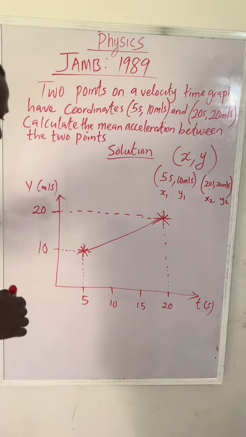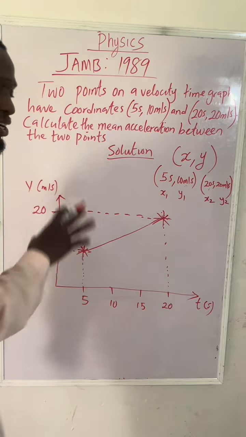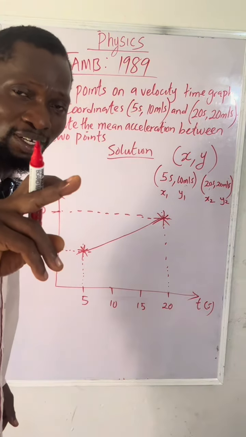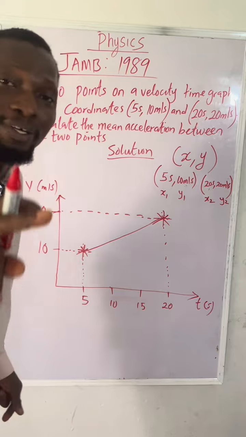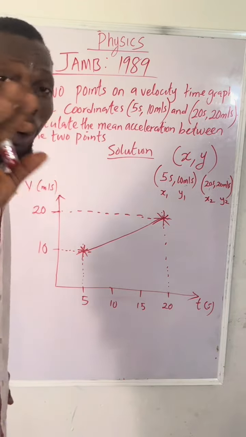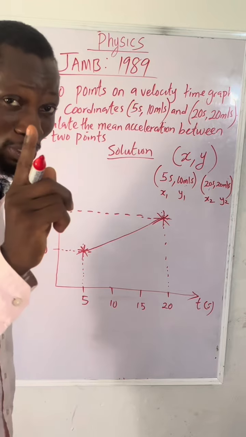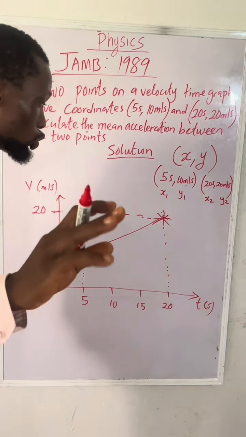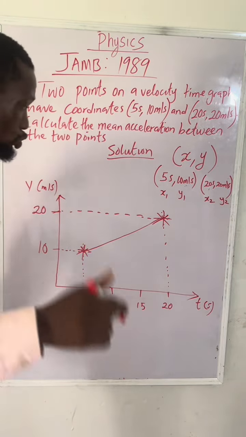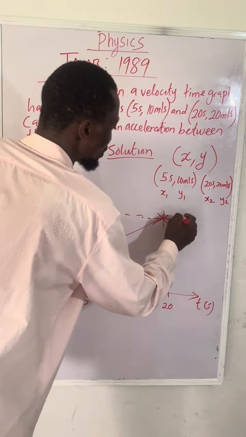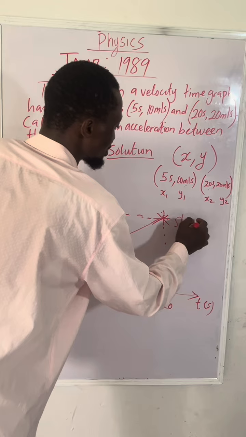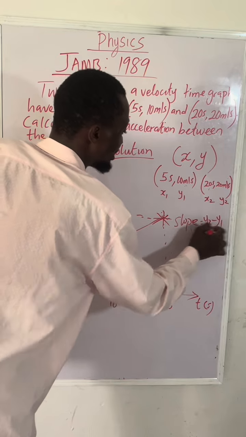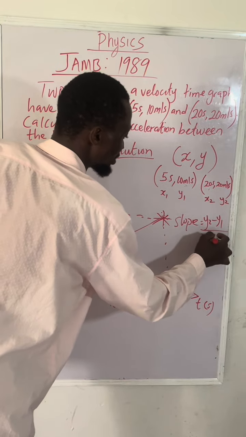So once you join the 2 points, now the question asks you to calculate the mean acceleration. Now, the slope of a velocity time graph will always give us the acceleration. You have to know that too, that the slope of a velocity time graph gives the acceleration. And if you want to find the slope, don't forget that our formula for slope is always slope equals y2 minus y1 divided by x2 minus x1.